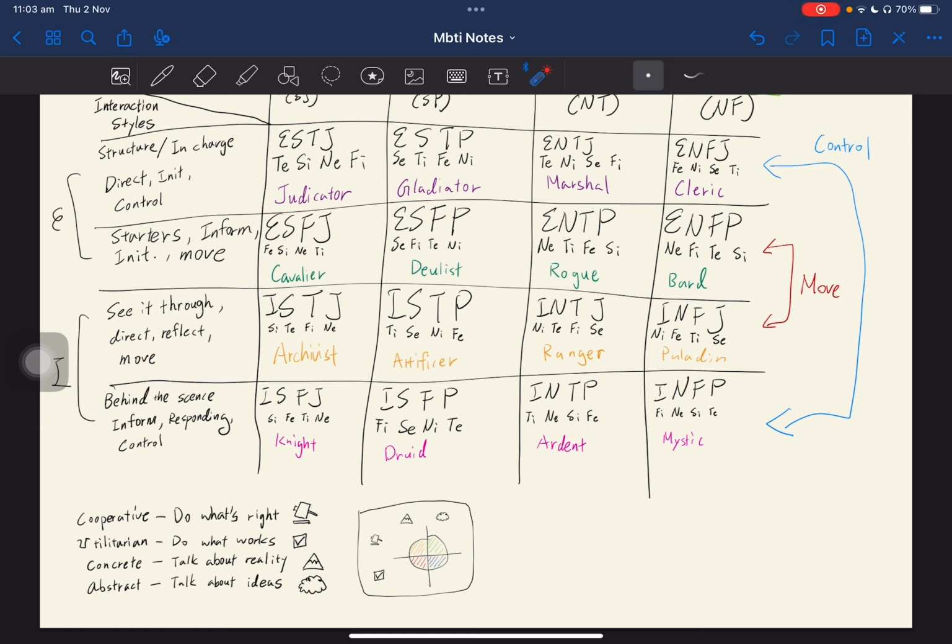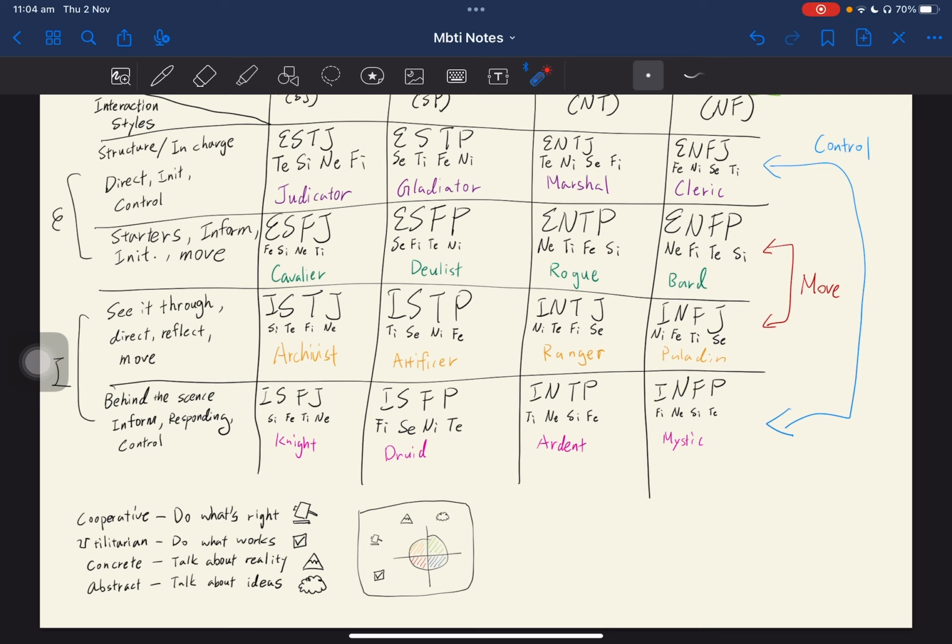The trouble is getting started. So sometimes we have start launch syndrome, failure to launch syndrome. So definitely a movement type, because once we start, we are on the go.